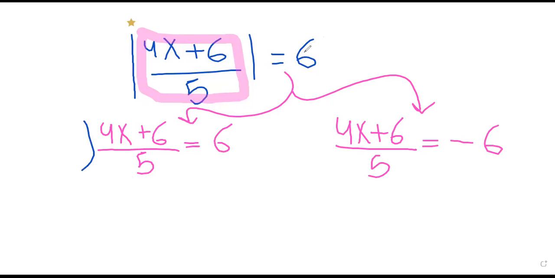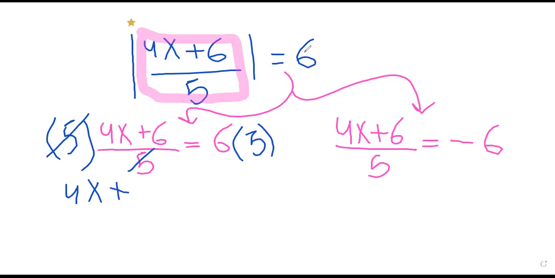First, I will multiply both sides by 5, because 4x plus 6 is divided by 5. To get rid of it, you should multiply both sides by 5. So we are left with 4x plus 6 is equal to 30.